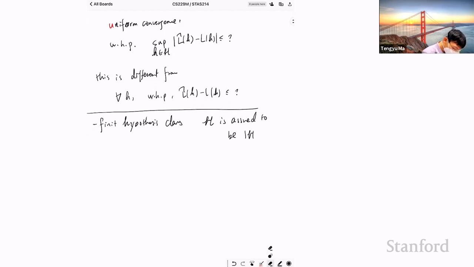The next part is the infinite hypothesis class. For infinite hypothesis classes, there are many different ways to achieve this kind of bound. Today we're going to talk about a relatively brute force way: you do a reduction to the finite hypothesis class.